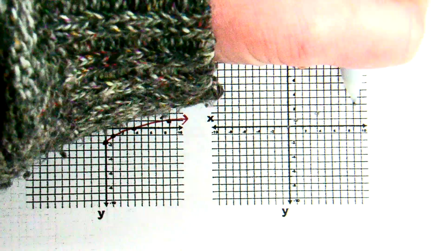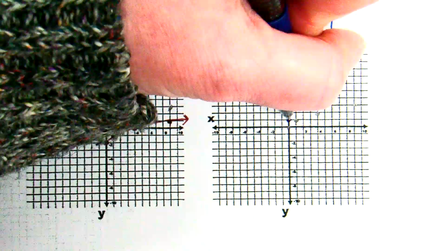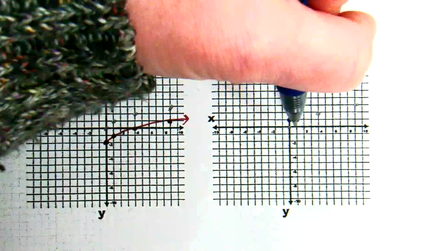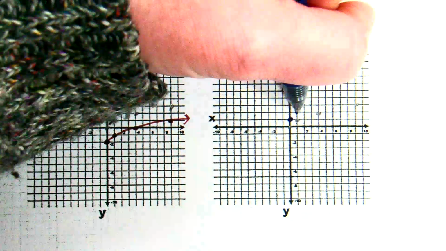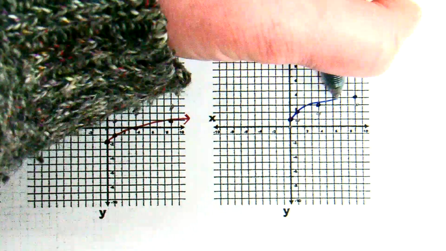Then take each of those dots and move them up 1. Or move that vertex up 1, and then from there go over 1 up 1, over 4 up 2, and over 9 up 3 from your new vertex.